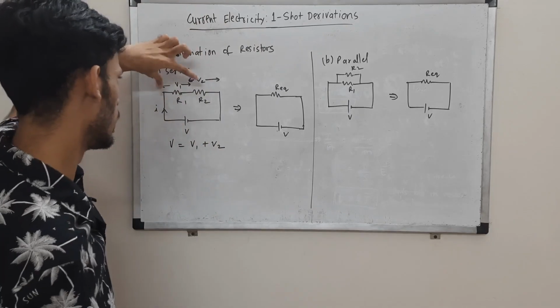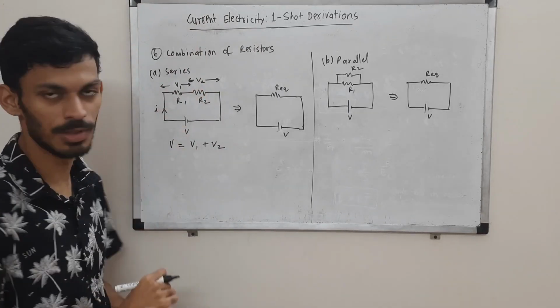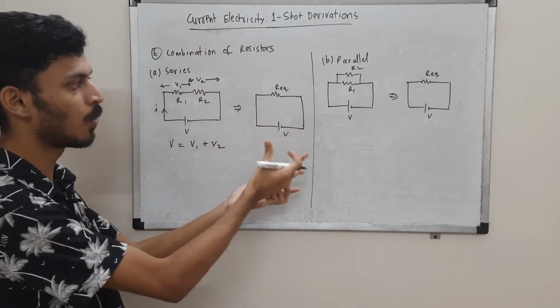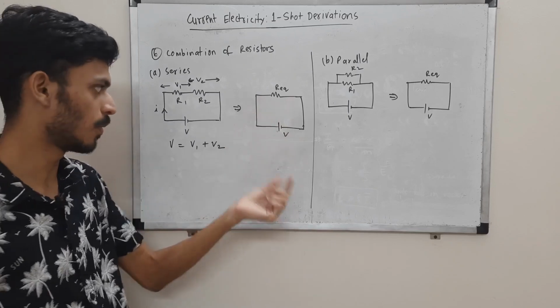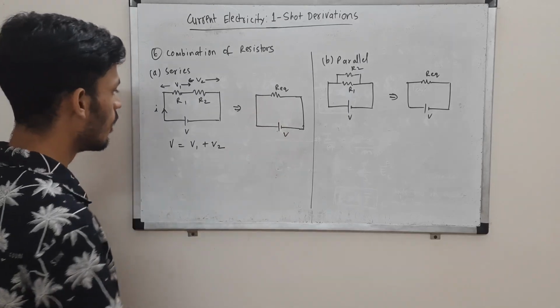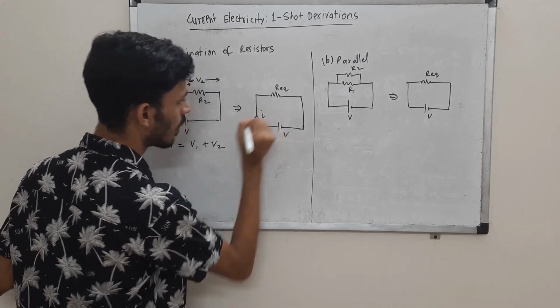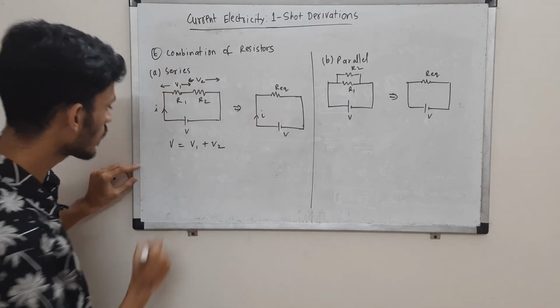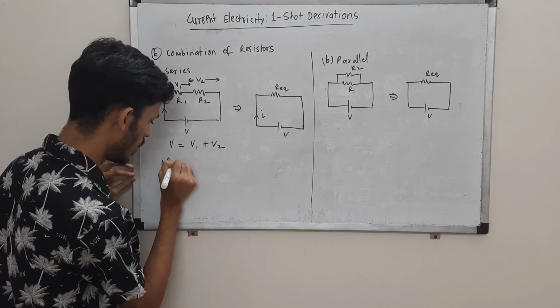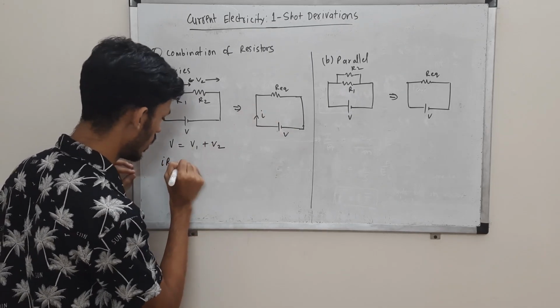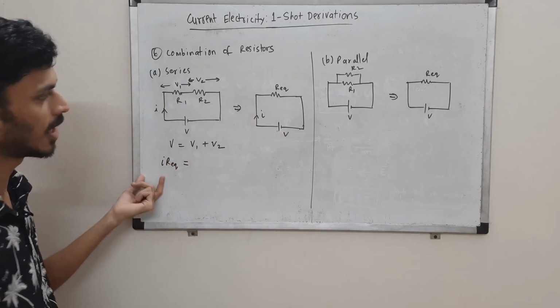Now in place of this R1 R2 series combination, we can have an equivalent circuit wherein we have R equivalent and the same voltage source V. The same current will come out of the circuit, so V is equal to I into R equivalent from this circuit. V is equal to IR.